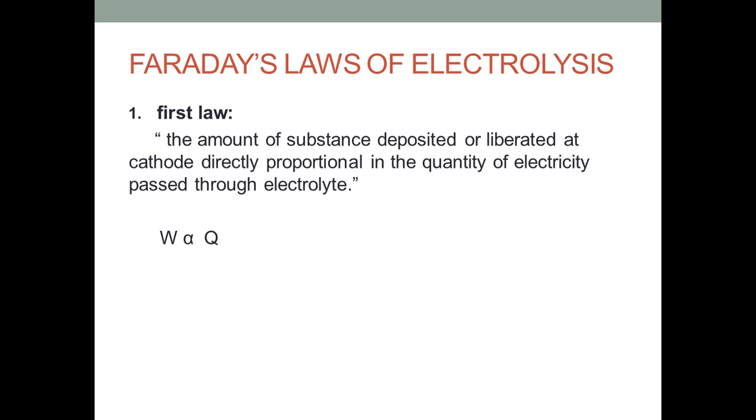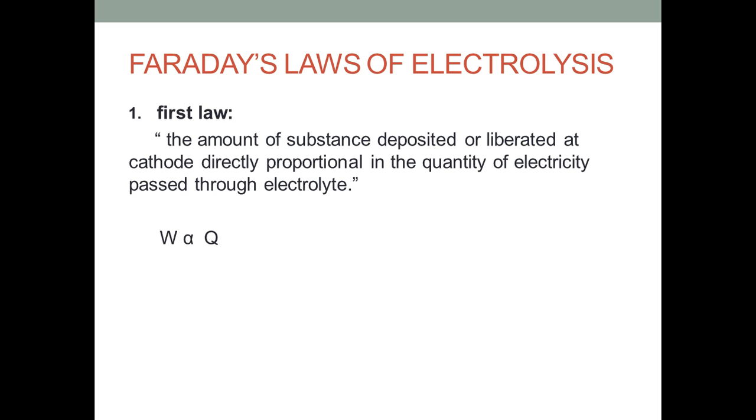The amount of electricity or charge that is required to deposit this 1.2 gram of silver is Q. What we observe is, as we increase the amount of charge, the amount of substance deposited will also increase. That means if we want to deposit more and more substance, then we have to supply more and more charge.